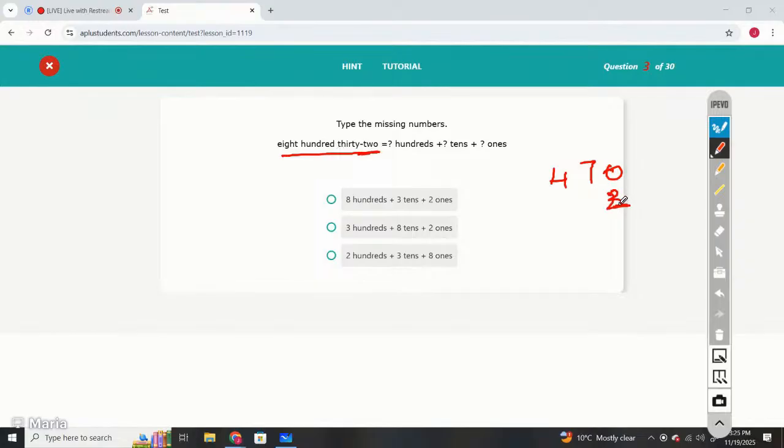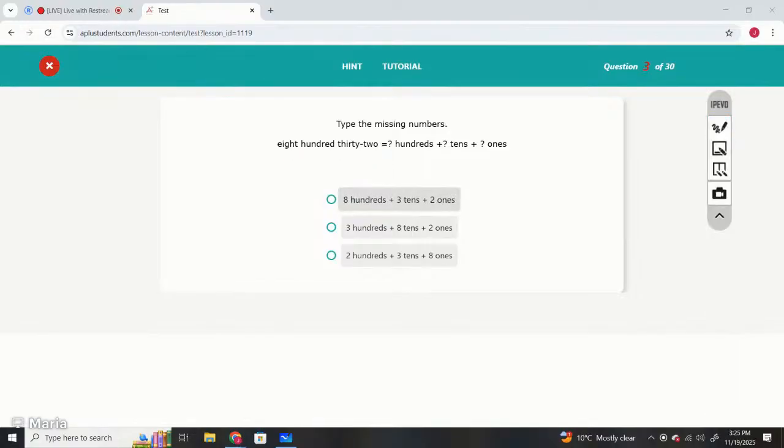So 2 is the digit at the ones position, 3 is at the tens, and 8 is at the hundreds position. That is 8 hundreds, 3 tens, and 2 ones. That is 2 ones, 3 tens, and 800. Option number 1 is the correct option.